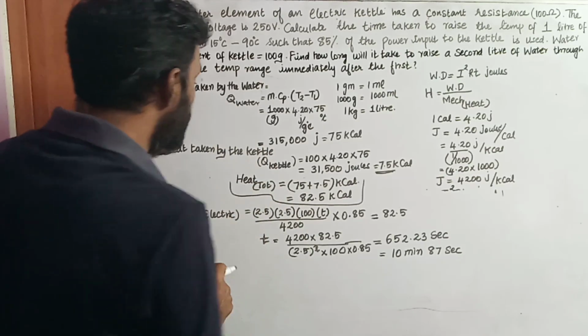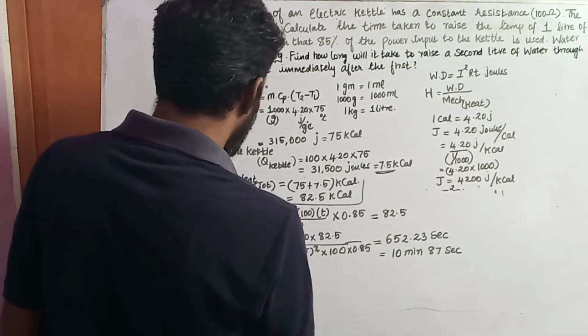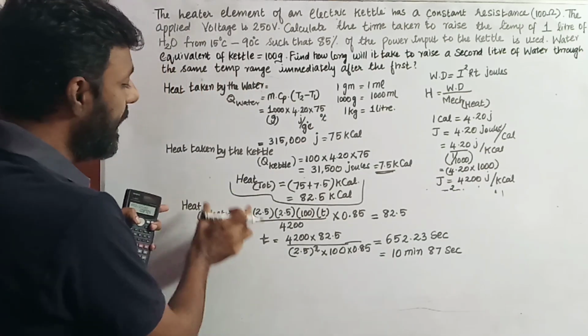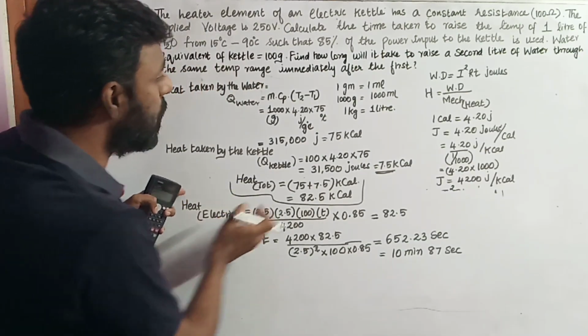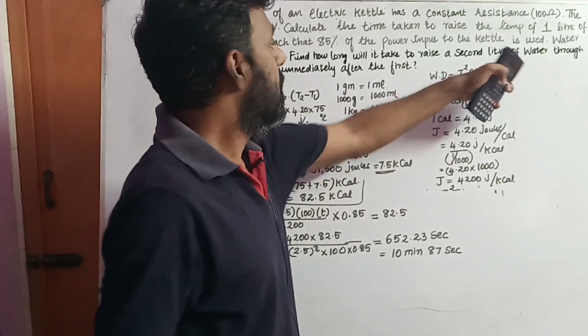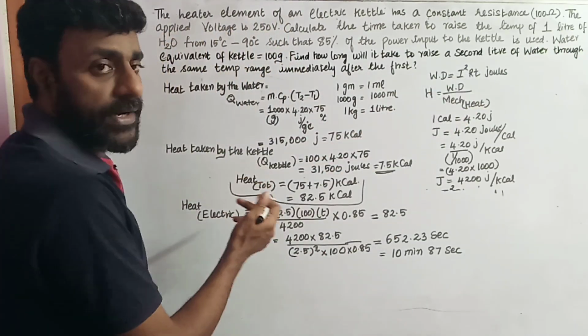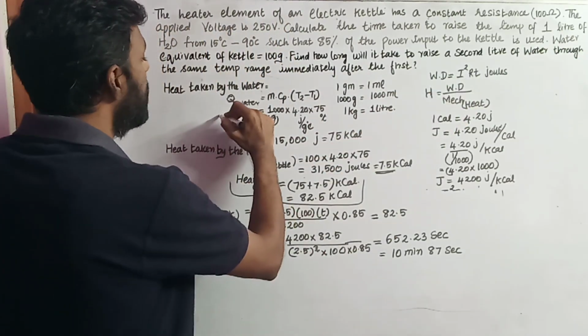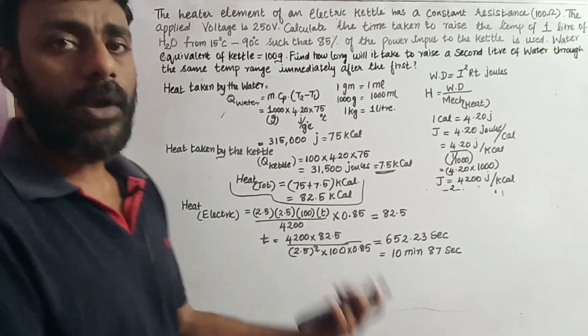So for that you need to compare the heat electric with the heat taken. They are asking us to find the temperature of the water, not the heat taken by the kettle, so you need to equate it with the heat taken by the water, because the kettle is already hot.